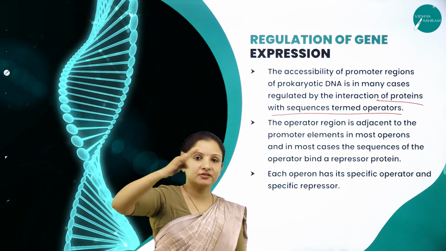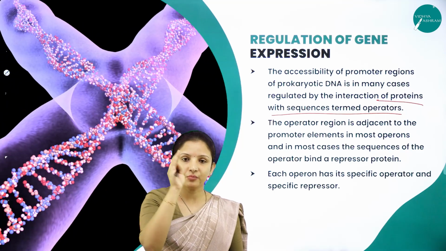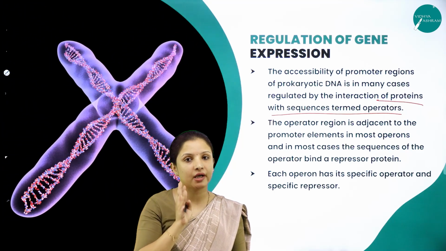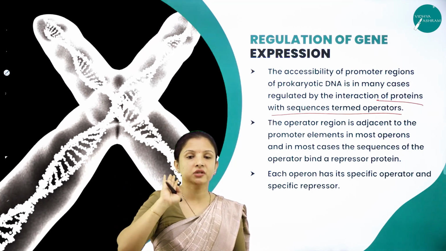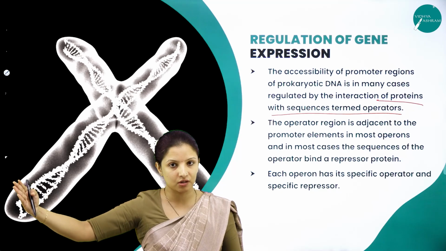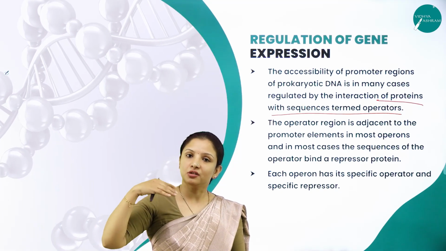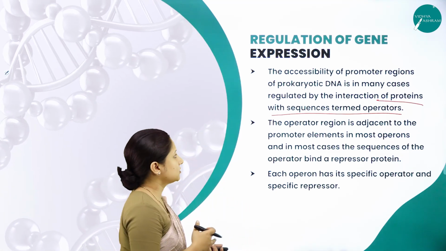The reading of the strand starts from the promoter until the terminator. Before the structural genes, there is a site called the operator region. If a repressor protein binds at the operator region, then the gene expression will stop. If the repressor doesn't bind to the operator region, then the gene expression will continue.